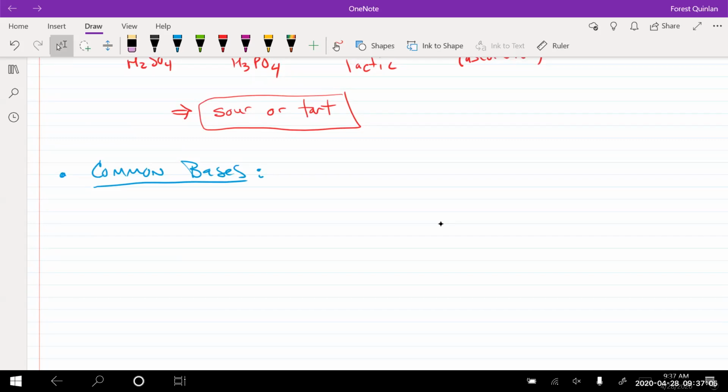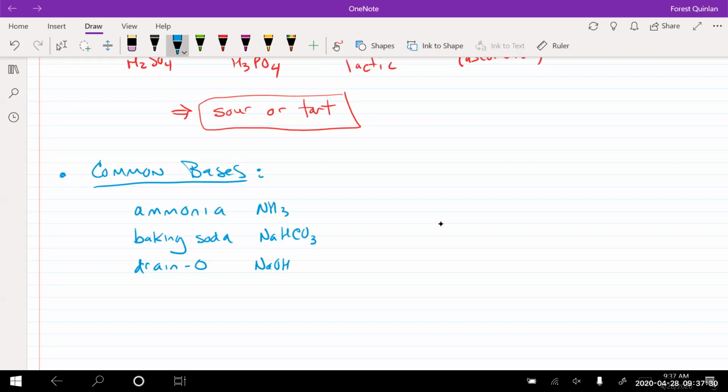Now bases, common ones that you would be aware of in your life would be something like ammonia, good old NH3, or baking soda, NaHCO3, or good old Drano, which is just sodium hydroxide, or lime. For anybody who works in construction, this is your concrete. That is calcium hydroxide.